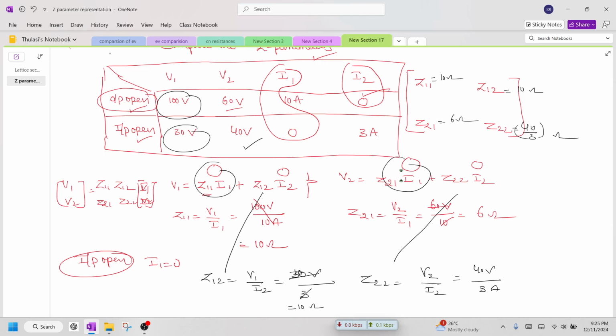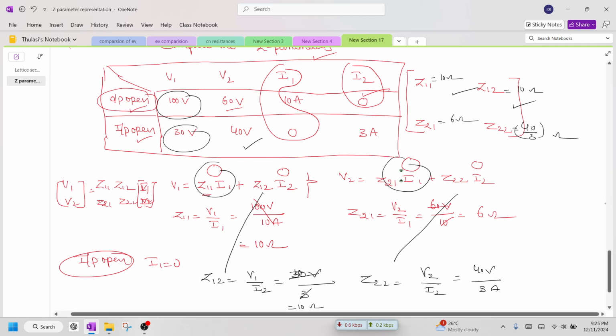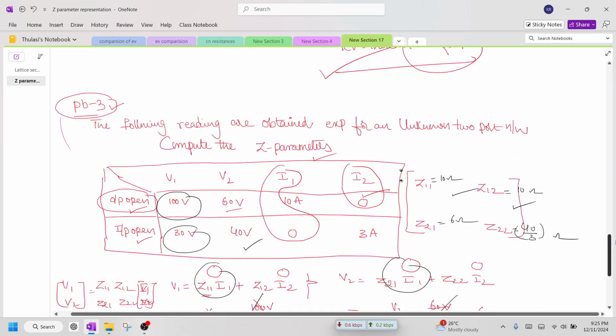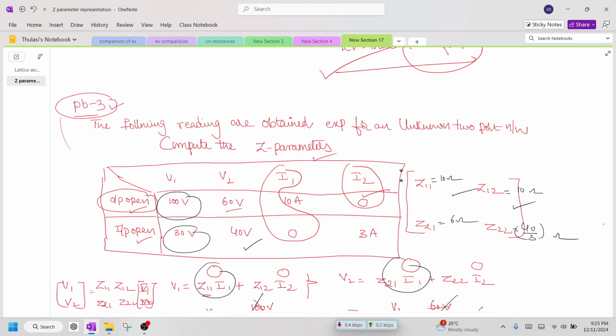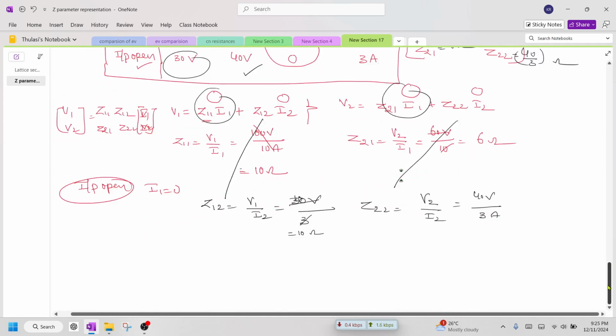That's how we find those values step by step. So this is how to find the Z parameters. These are the impedance values of the given network. The following readings were obtained experimentally of an unknown two-port network. Compute the Z parameters. We successfully computed the Z parameters.